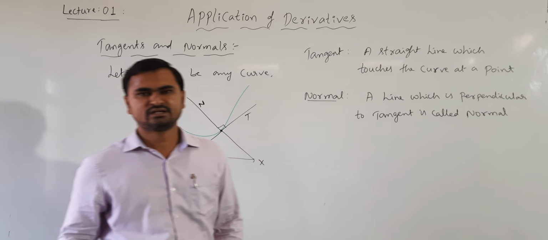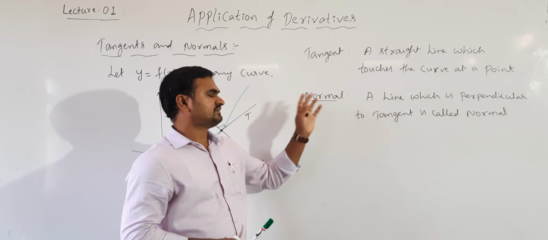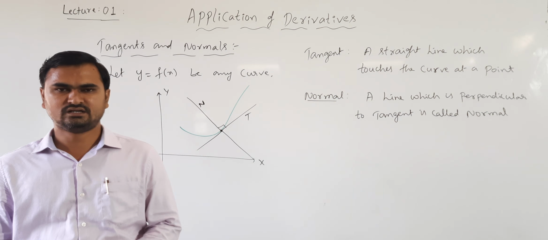A line which is perpendicular to the tangent is called a normal. So these are the basic definitions of tangent and normal.